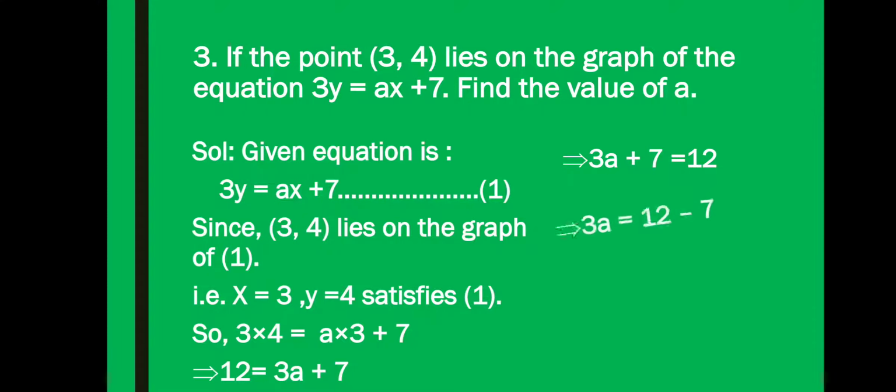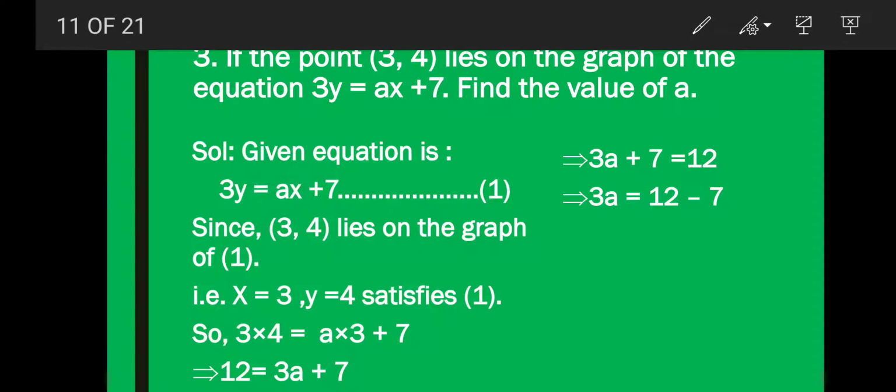Now this implies 3a is equal to 12 minus 7. We are taking 7 from the left hand side to the right hand side, so here it is with a plus sign, and it will become a minus sign on the right hand side.